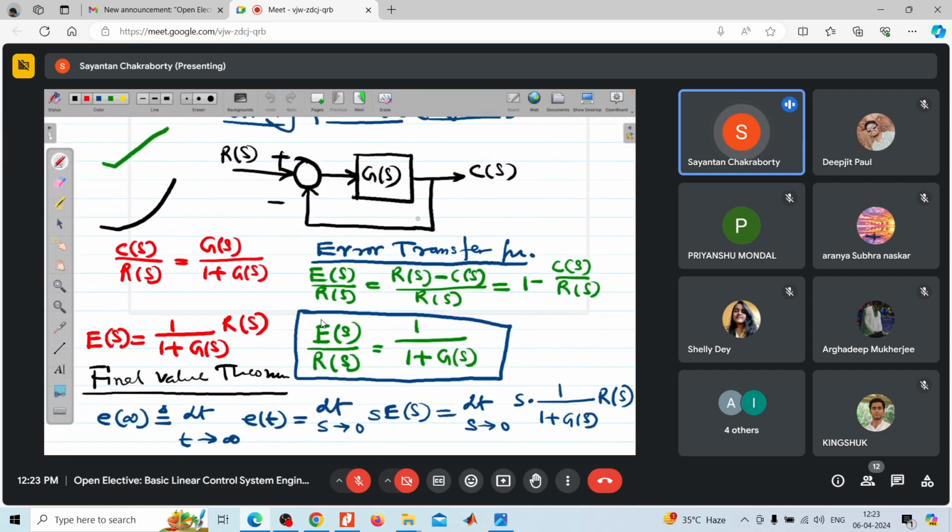So nothing is purely unity feedback. Here we are neglecting the dynamics of the sensor and signal conditioning elements in the feedback path, so mathematically this is a unity feedback system. We do not have any control over the feedback path. We cannot introduce any pole, zero, or gain in the feedback path. Whatever sensor, transducer and signal conditioning circuit is there, we are neglecting its dynamics.